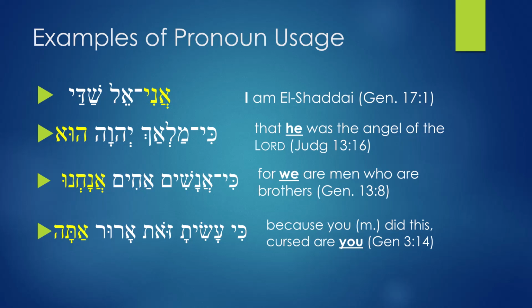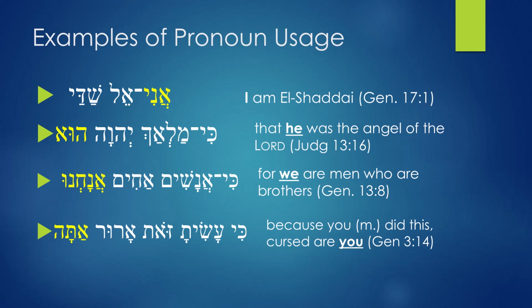Malach means angel. Yahweh is Lord. Hu means he. So the translation is, because he was the angel of the Lord. Now you may be wondering, where is of coming from? You have a construct.